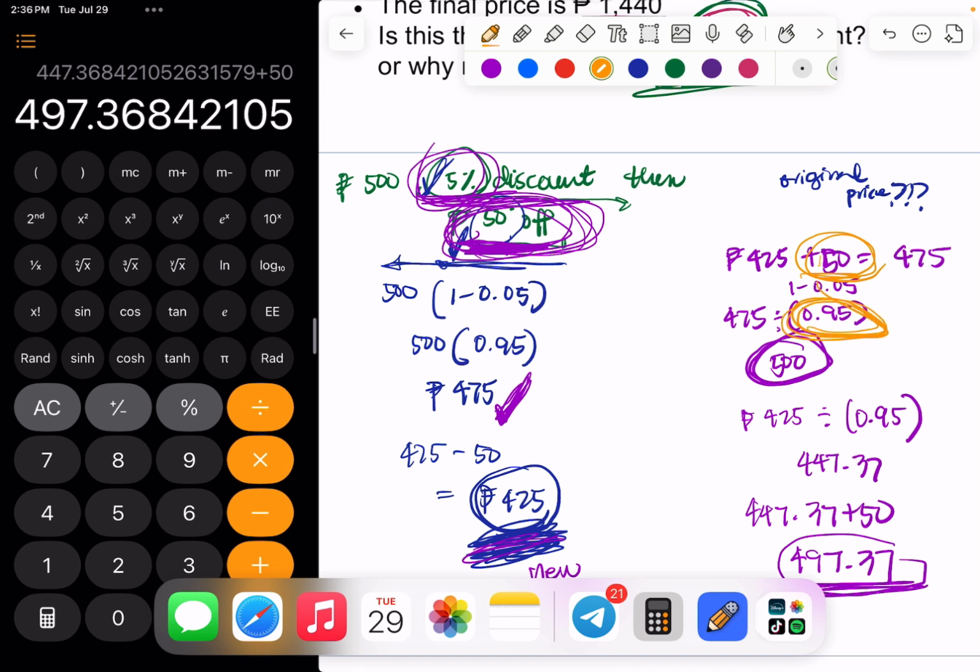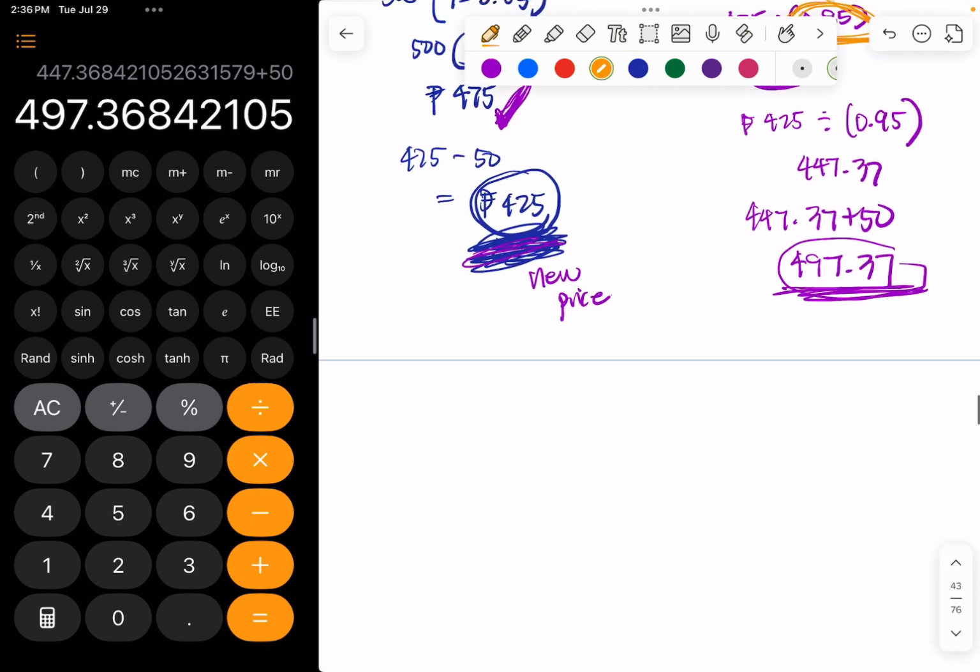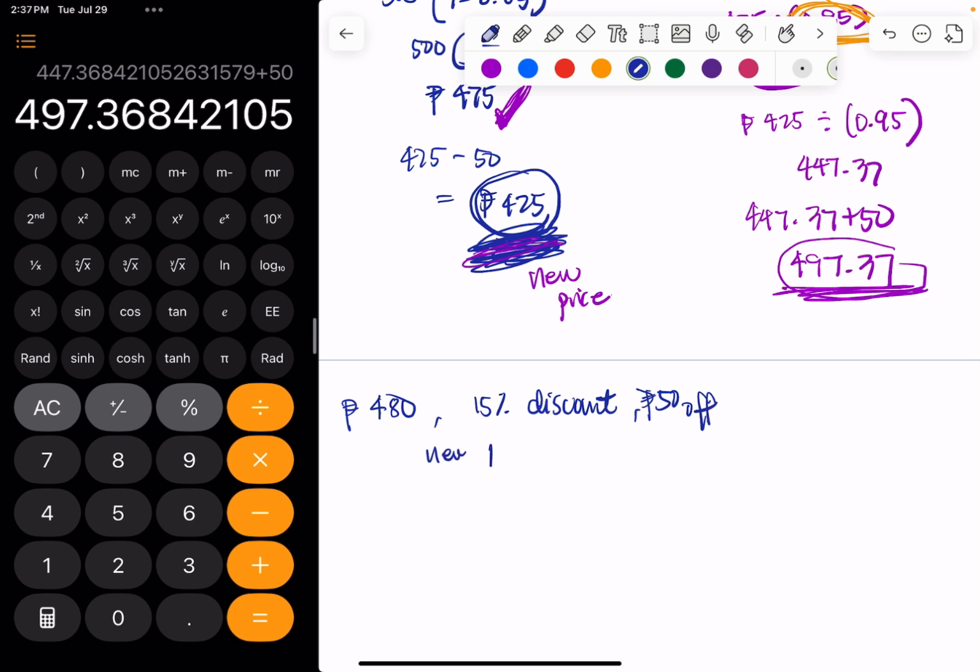Okay na? Gets? Or you need another example? Okay, for example, you have 480 pesos with 15% discount and 50 pesos off. So, sa may buhat new price, you start with gikan sa pinakauna paingon sa pinaka-last, left to right.